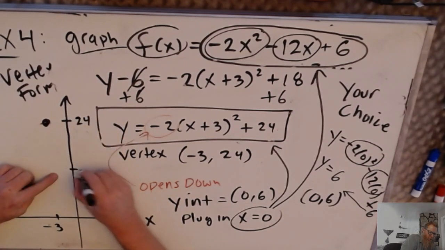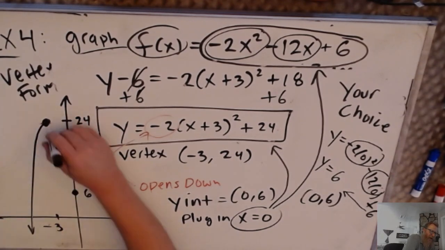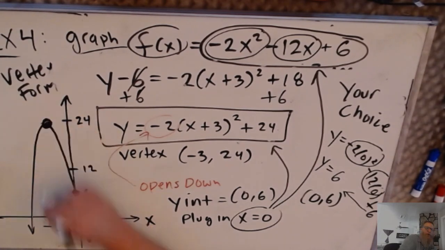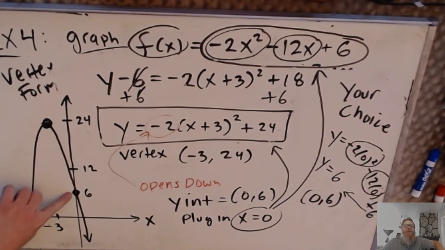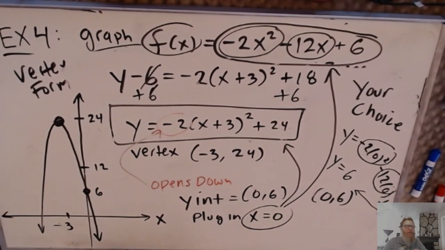That's 24. That's 12. We'll call this 6. I know my graph's not perfectly to scale, but that's okay. I only need 2 points. So vertex, -3, 24, and y-intercept, 0, 6. I think I asked you for the domain and the range.